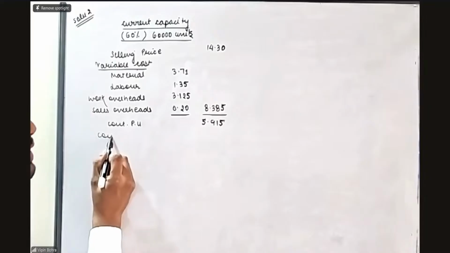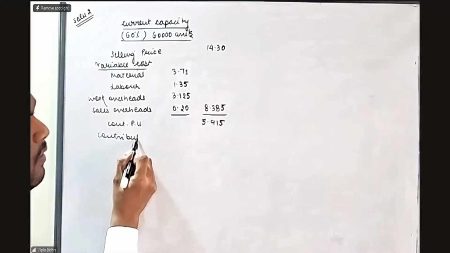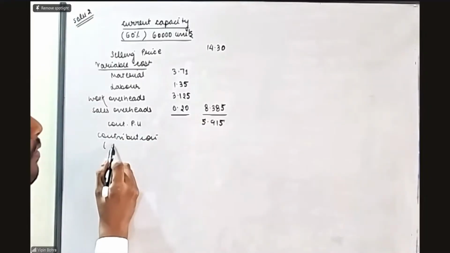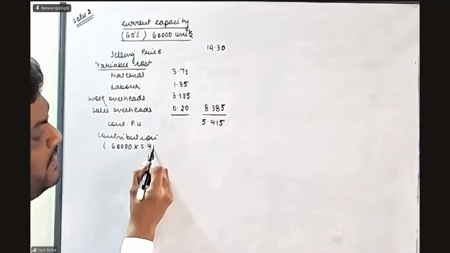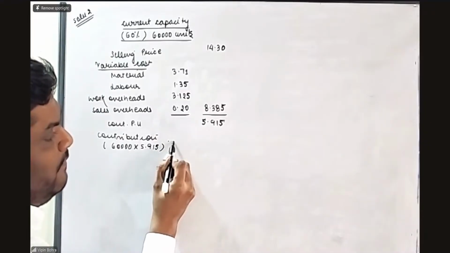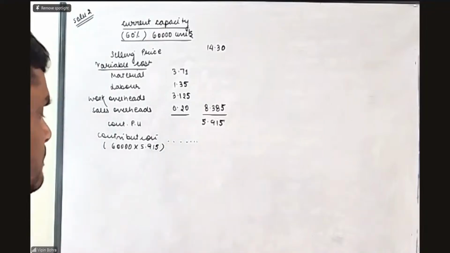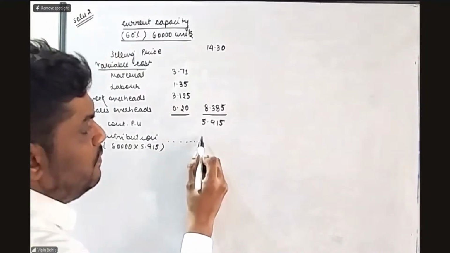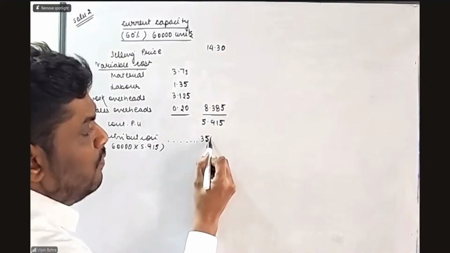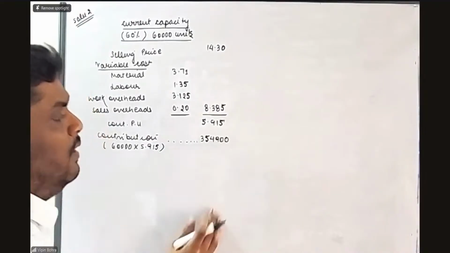So my total contribution will be how much? 65 into 60,000 into 5.915, which is 3,54,900.